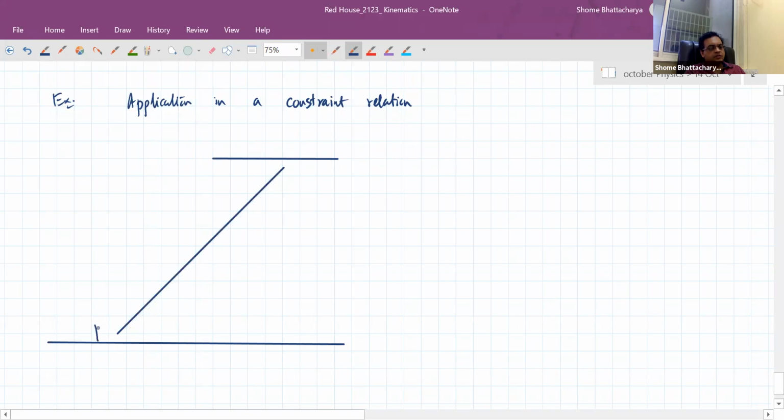We have a situation where a block A is on a smooth horizontal surface and it's attached by a thread which is going around a pulley like this, and the other side of the thread is hanging vertically. This is the same thread, going around the pulley, and that is attached to B on this side. And this is of course a fixed ceiling.